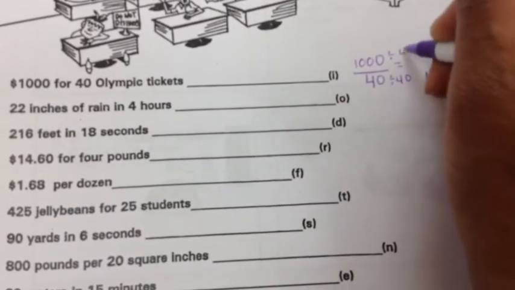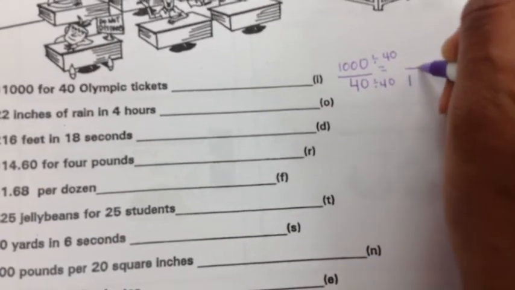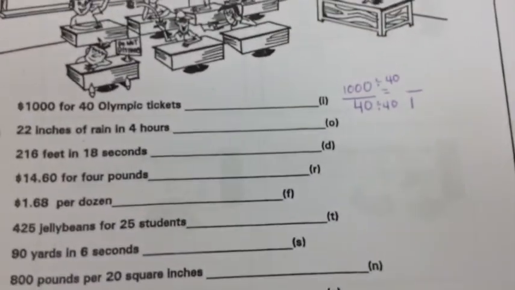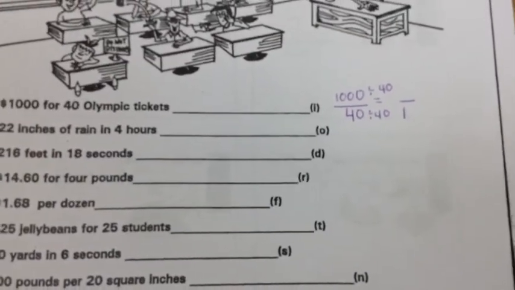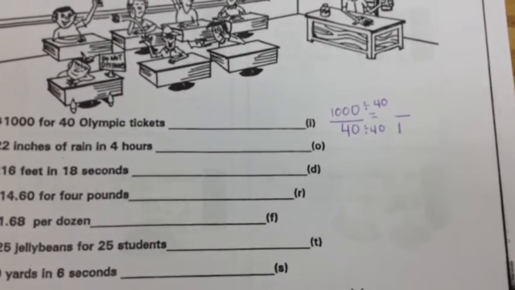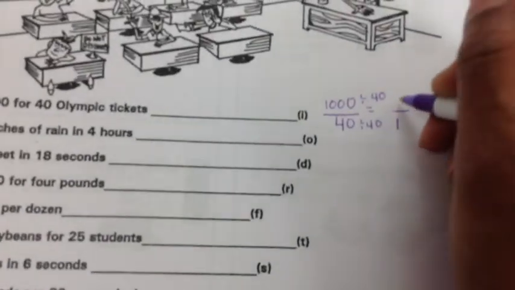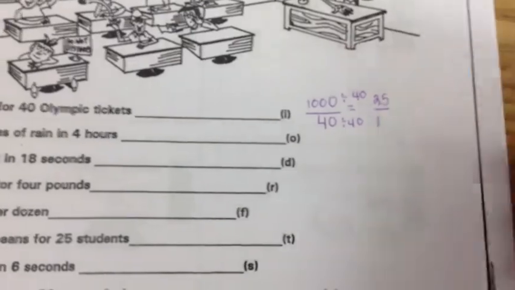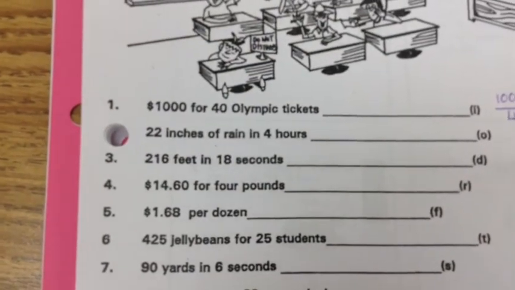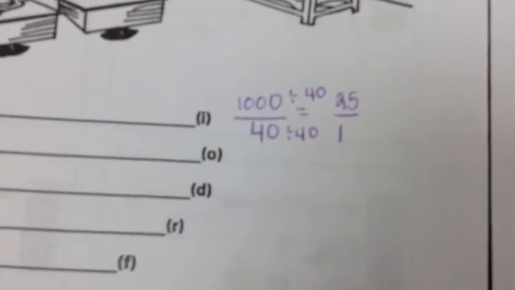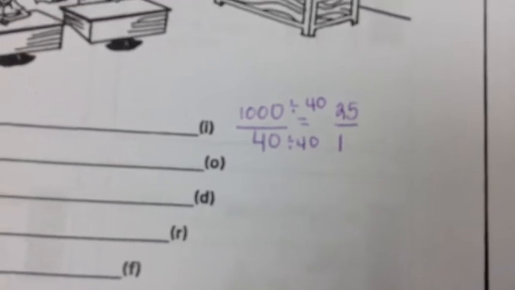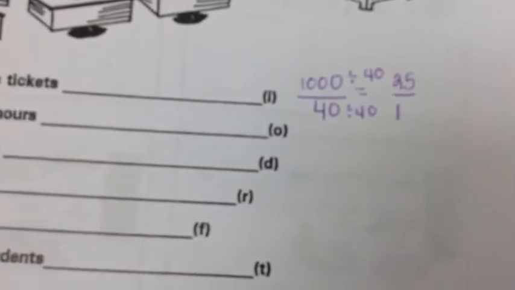Fraction rules say whatever you do to the denominator, you must repeat with the numerator. And 1,000 divided by 40 is 25. So $1,000 is the cost for 40 Olympic tickets. $25 is the cost per ticket, or for one ticket.